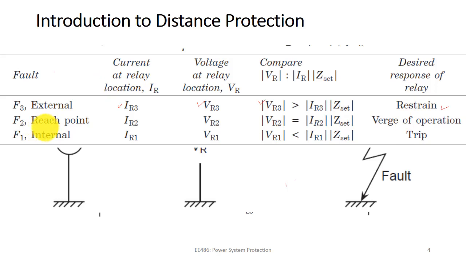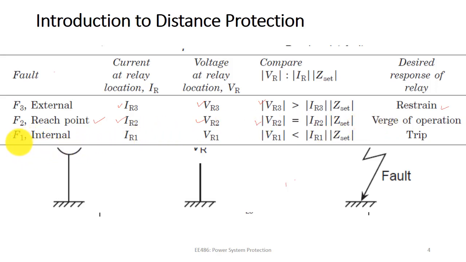And for a fault at F2, at bus B, which is the reach point, your relay current is, let us say, IR2, and the voltage at the relay point is VR2. As per the rule, it is on the verge of operation, so we can say that VR2 is equal to IR2 Z set. That is the verge of operation.